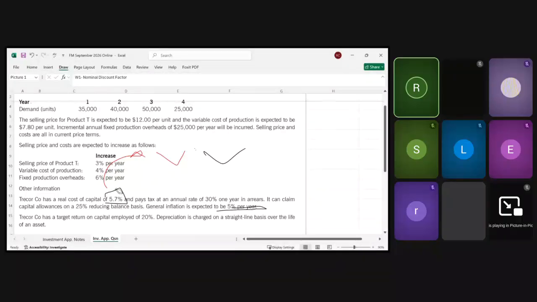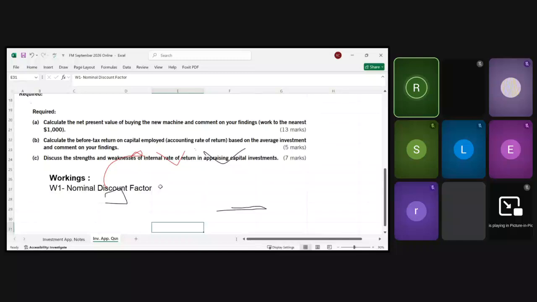Let me try to erase. All right, so I have created another problem again. Okay, that is not a problem. So I'm going to have equals, open bracket, 1 plus 5.7%, times, open bracket, 1 plus 5%, close bracket, minus 1.